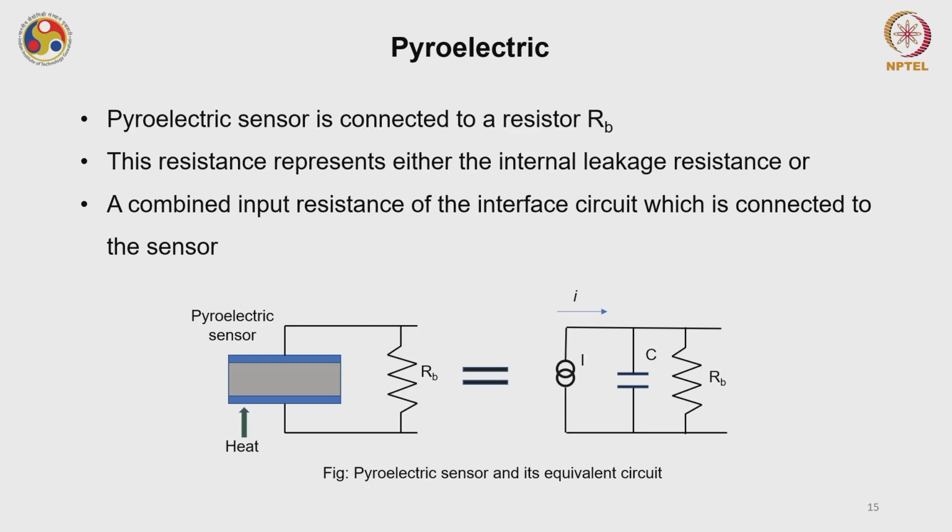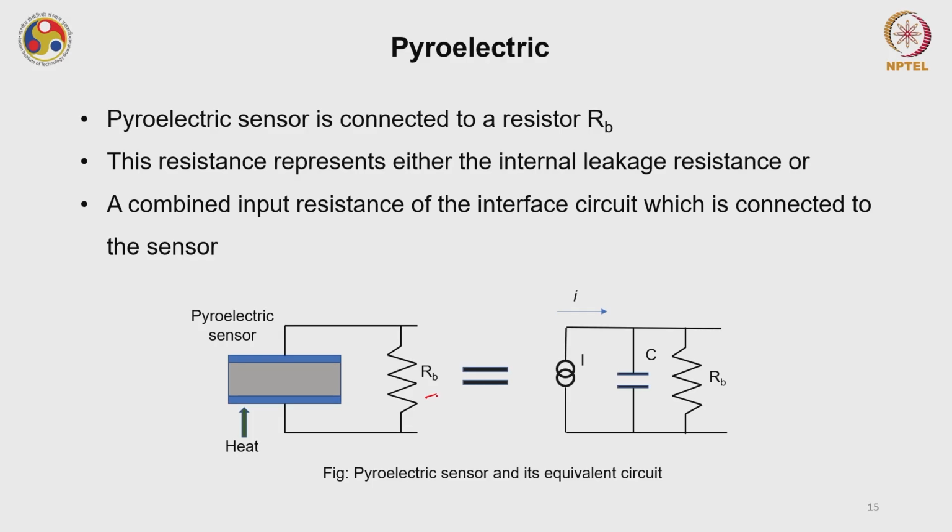Now, let us see its equivalent circuit, because the equivalent circuit of this particular device is very crucial in developing the interface circuits. A pyroelectric sensor is connected to a resistor, say RB, which is shown over here. This resistance represents either the internal leakage resistance or the combined input resistance of the interface circuit which is connected.